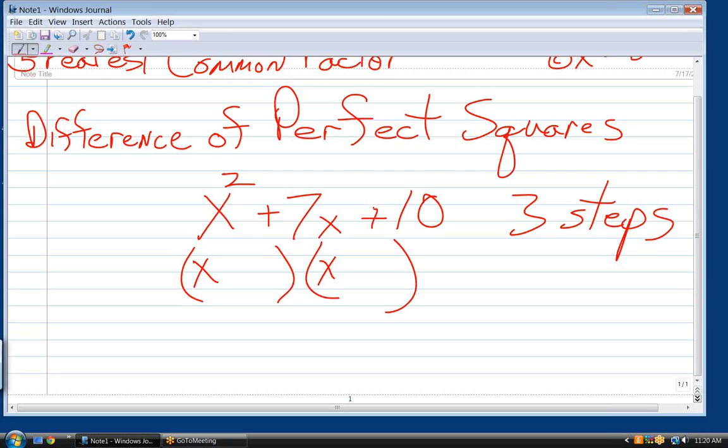Well, how do you do that? Well, if you look at the sign that is associated with the constant, it's 10. It's got a plus sign in front of it. That means that these two signs have to either be both negative or both positive, because that's the only way you're going to produce a plus. They have to be the same.